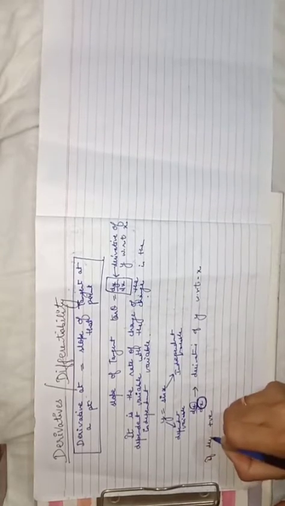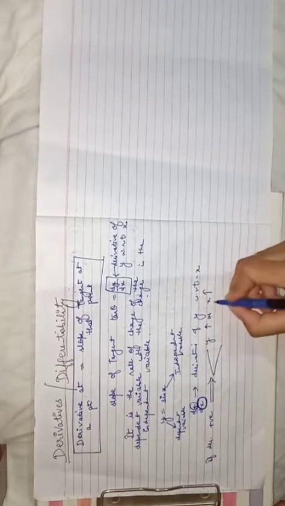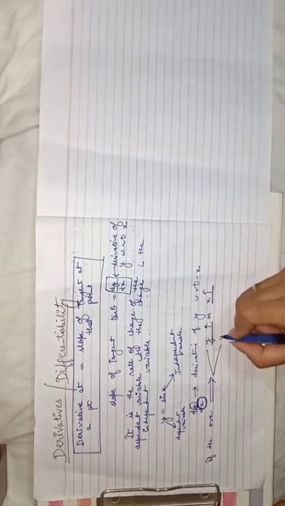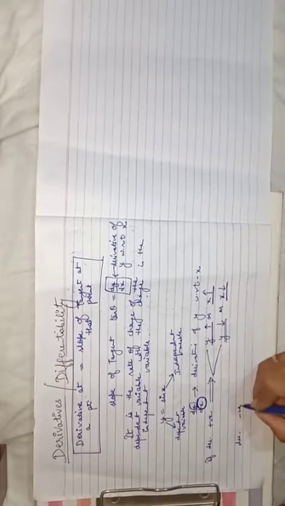If the derivative is positive, two cases are possible: y increases as x increases, or y decreases as x decreases. Or in the second case, the derivative is negative.